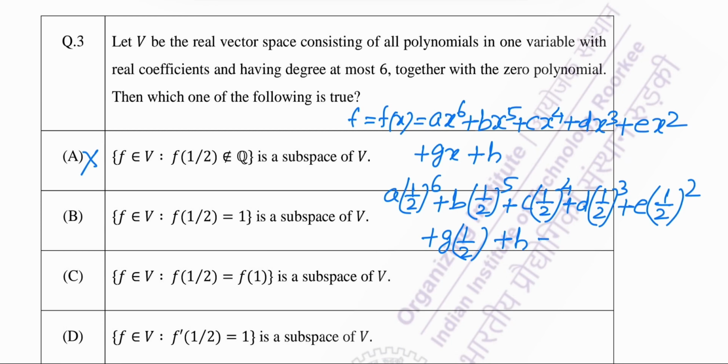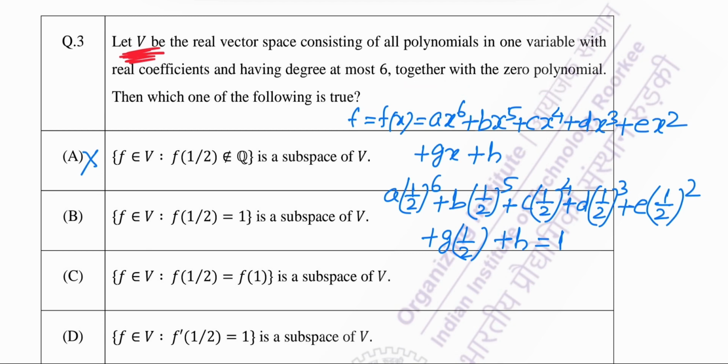Now again using the same logic, for the vector space V, it has the zero polynomial.